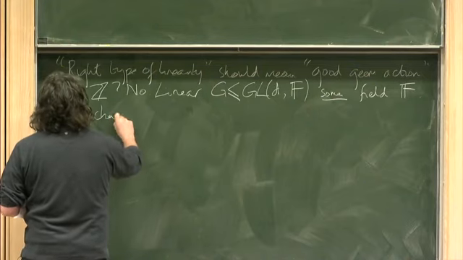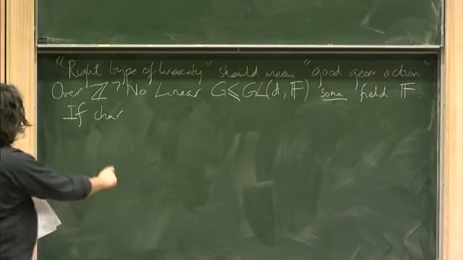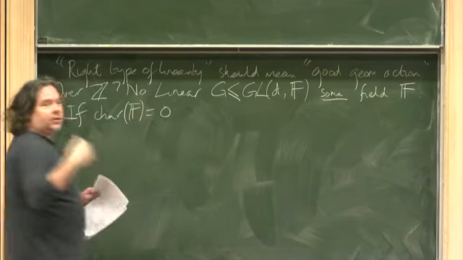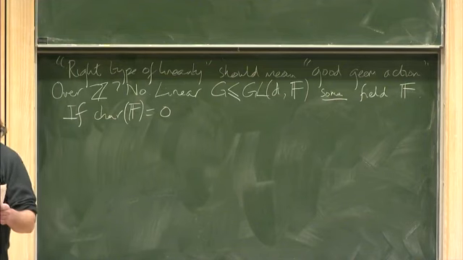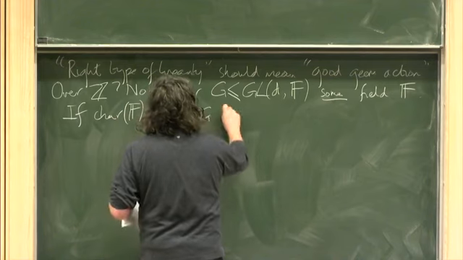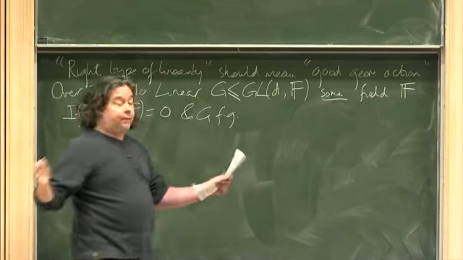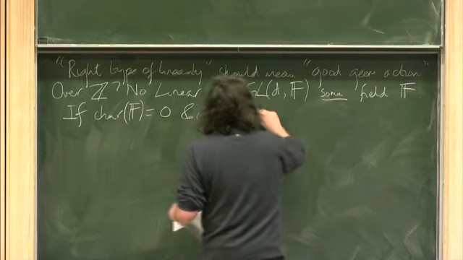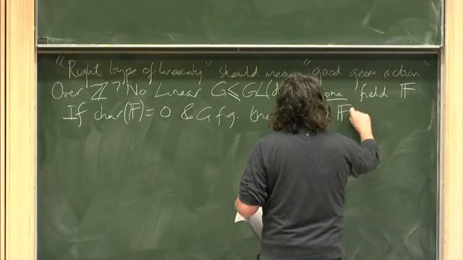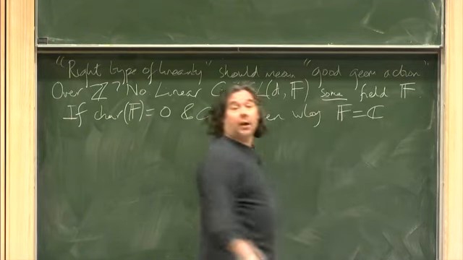And that's actually, most of the time, a pretty sensible thing to do, because a nice fact is that if this field F had characteristic 0, so 1 plus 1 plus 1 plus 1 plus 1 and so on is never equal to 0, and the group G is finitely generated, which is our focus in this talk, then you can take, without loss of generality, that field to be the complex numbers.